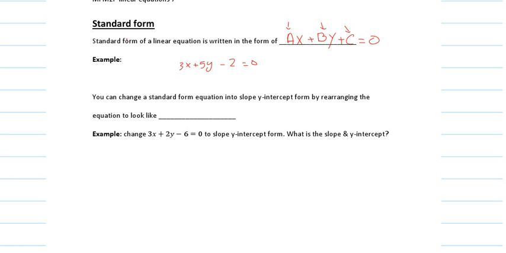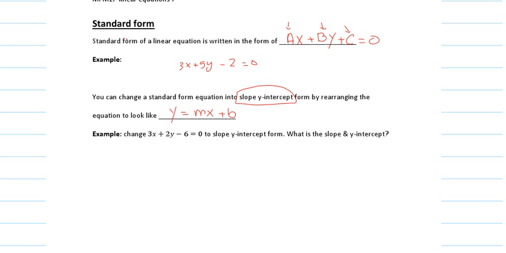So since this format is not very useful for me, I want to change it to the format that's more useful for me, which is the y equals mx plus b format, which we call the slope y-intercept format, okay? So remember with the slope y-intercept format, I have y on one side, and then I have my x term on the other side, and then plus my y-intercept, okay?